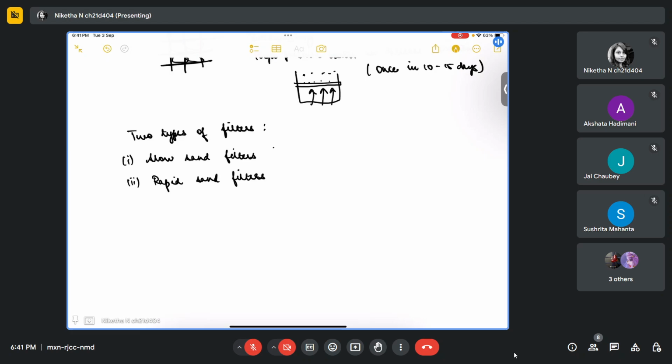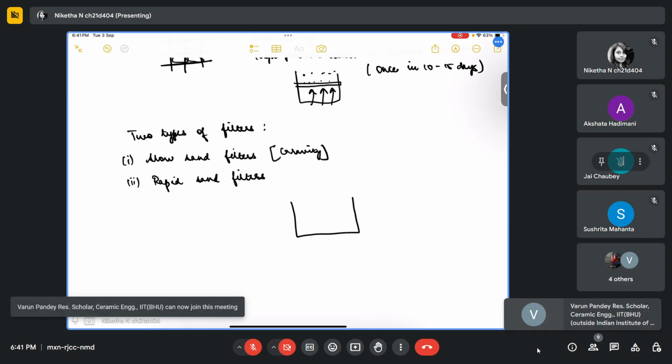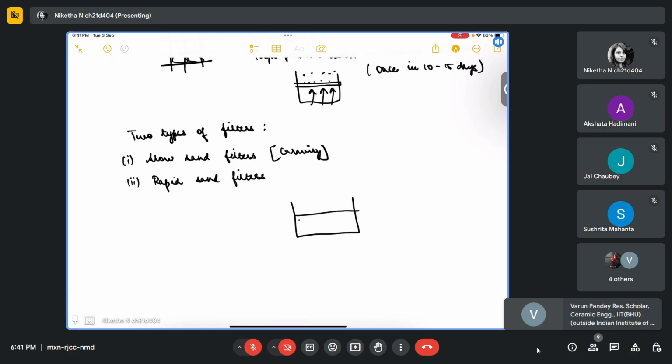In slow sand filters, we only use the force of gravity, meaning that you will have a filter bed with sand, and the water will be allowed to pass through the pores of the sand just by the force of gravity.